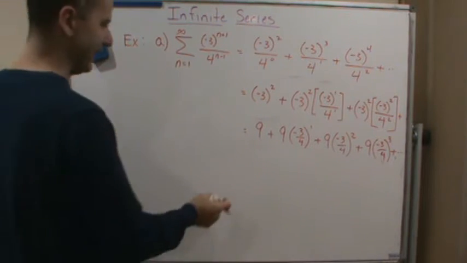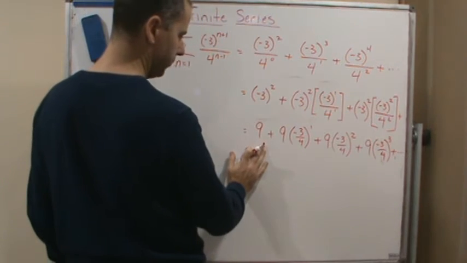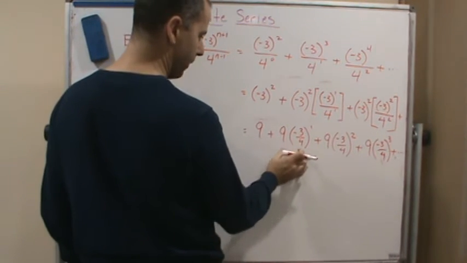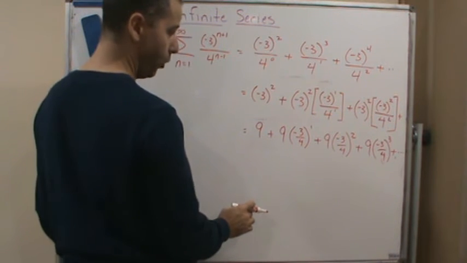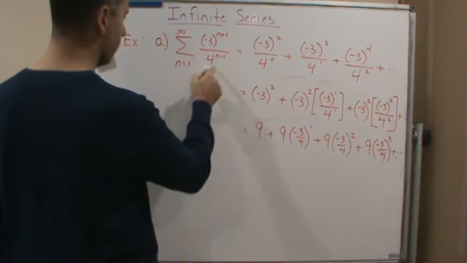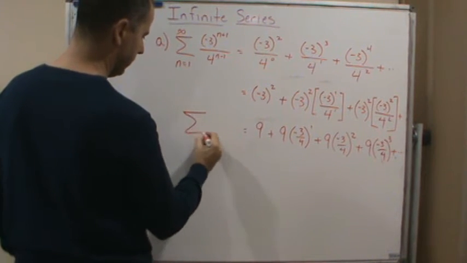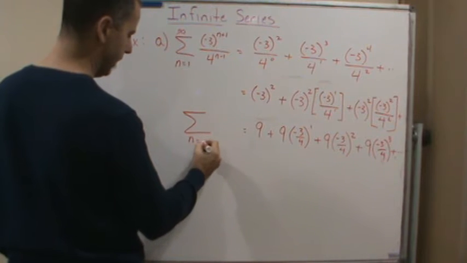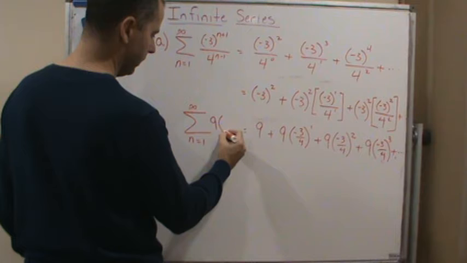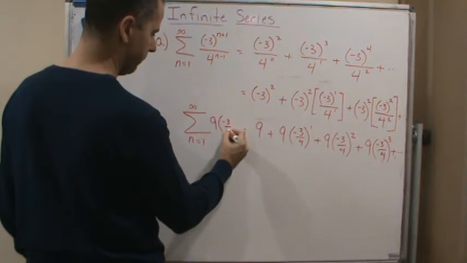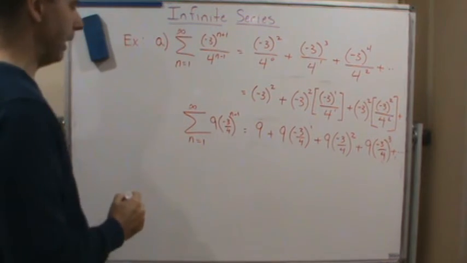So now we see that this has a common factor of 9, so that's our A, and it has a common ratio of negative 3/4. So in other words, this can be rewritten as the series n equals 1 to infinity of 9 times negative 3/4 to the n minus 1 power.